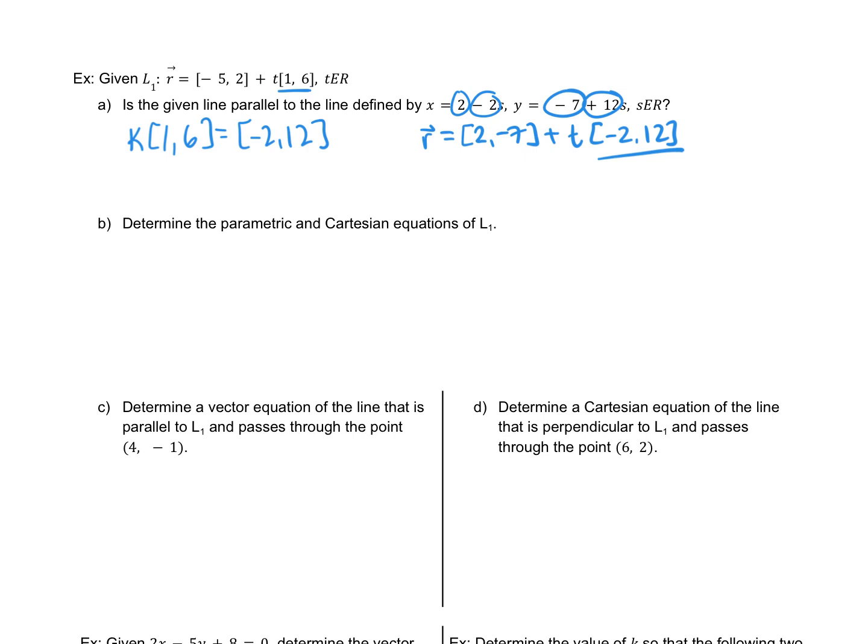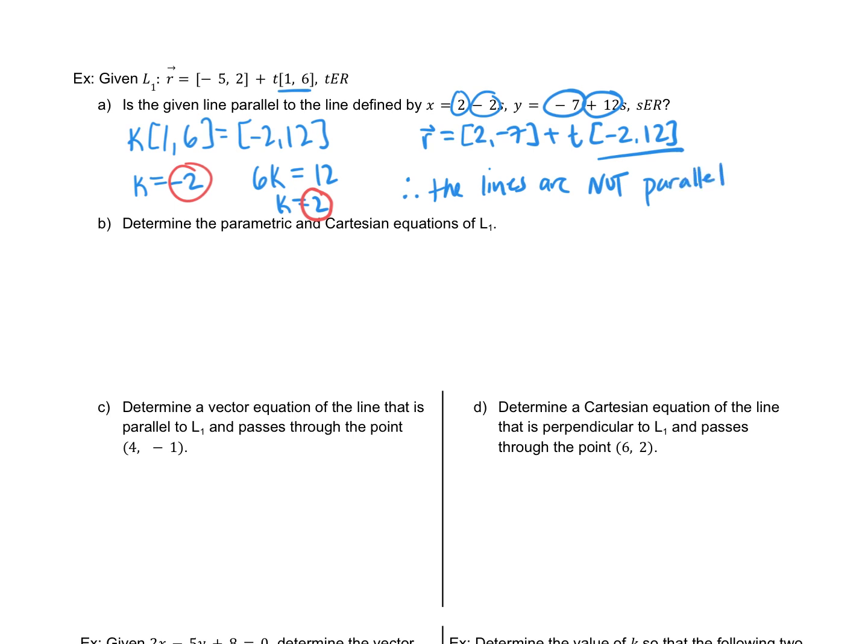But this isn't going to work. And if I wanted to show my work, I could say 1k is equal to negative 2 for the x components. 6k is equal to 12, giving a k value of 2. These are different. So therefore, the lines are not parallel.